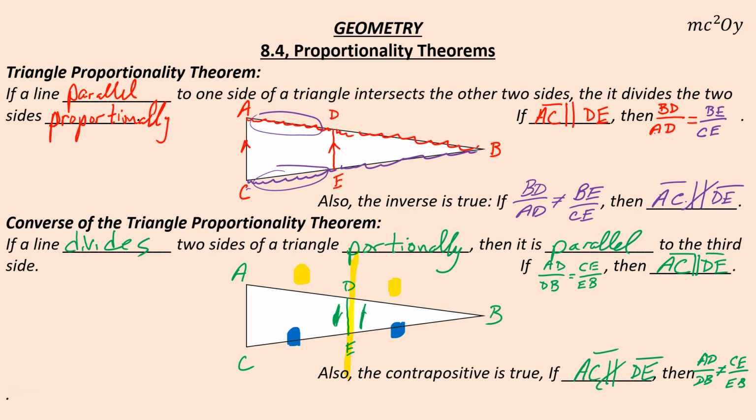Okay, so think of this line right here as your big fraction bar. All right, and really that's all you've got. You've got your proportionality statement. I'll show you that when we actually do some examples.